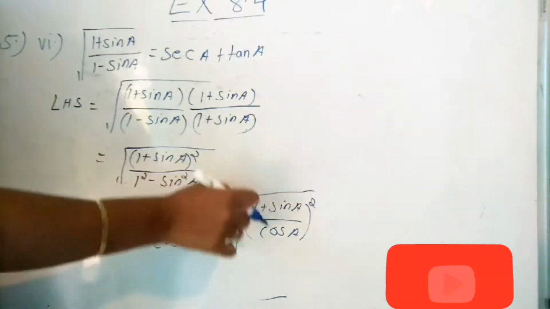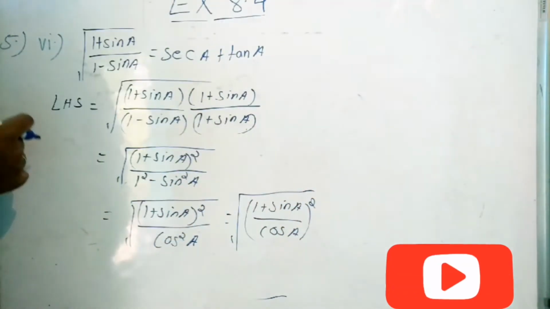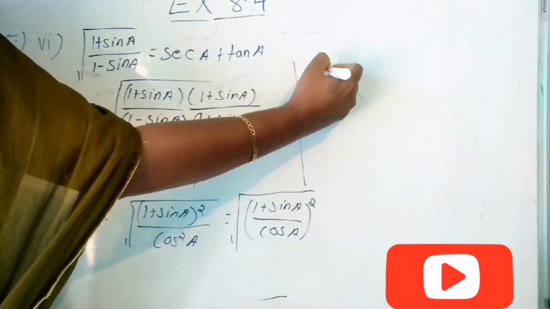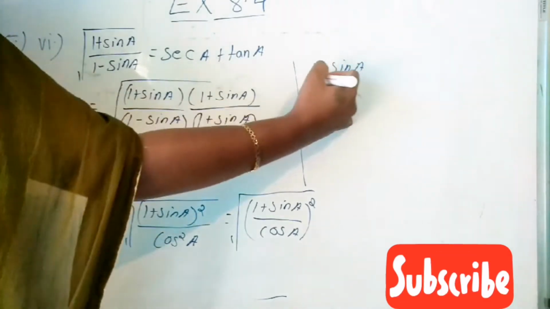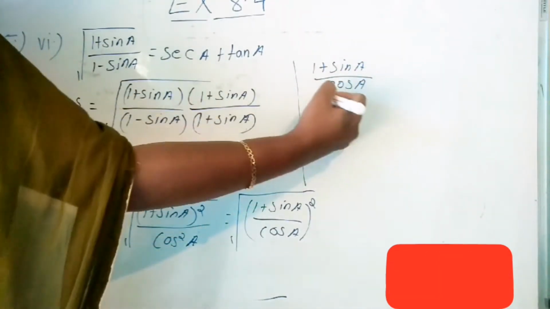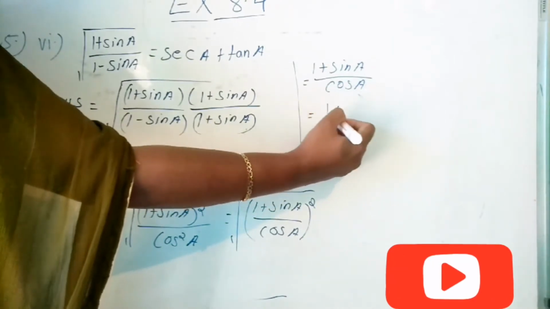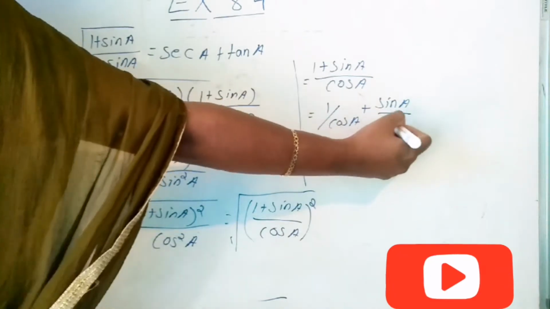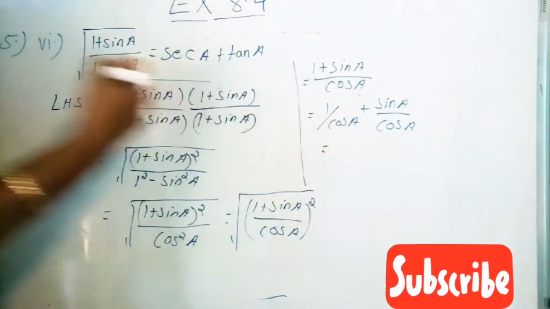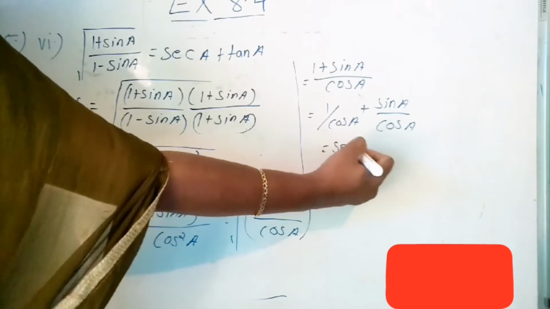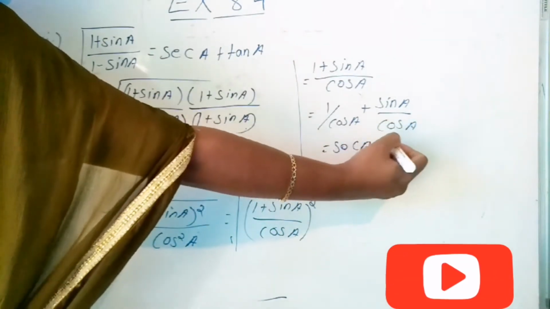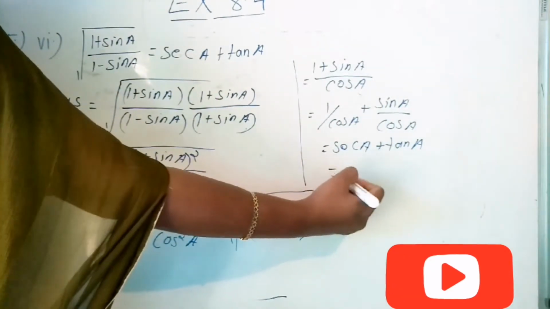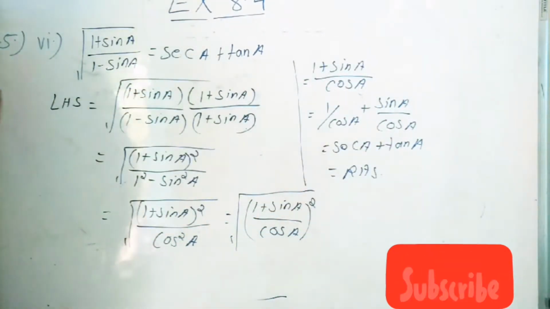Now take that outside because the square and square root get cancelled and we will get (1 plus sine A) divided by cos A. Split it into two terms: 1 by cos A plus sine A by cos A. That is, 1 by cos A is sec A and sine A by cos A is tan A. This is our RHS, hence we proved.